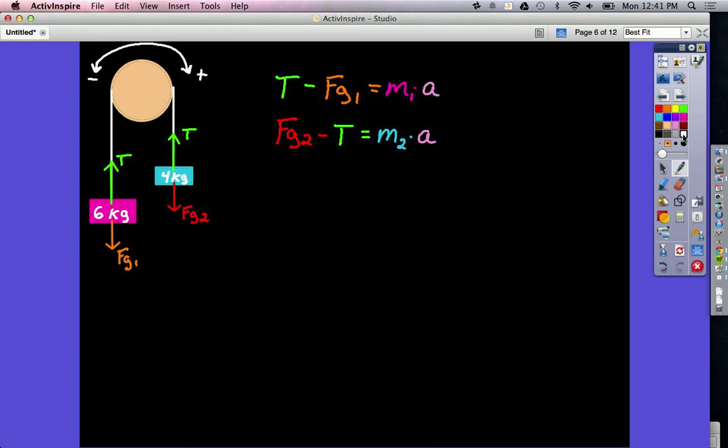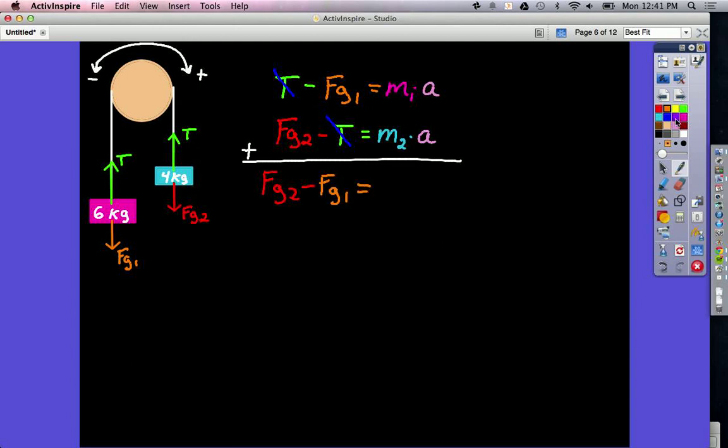What we can do, mathematically we are allowed, is add these two equations together, and what will happen is our positive tension and negative tension, positive T minus T, are going to cancel. They will go away, leaving me on the left side with force of gravity 2 minus force of gravity 1.